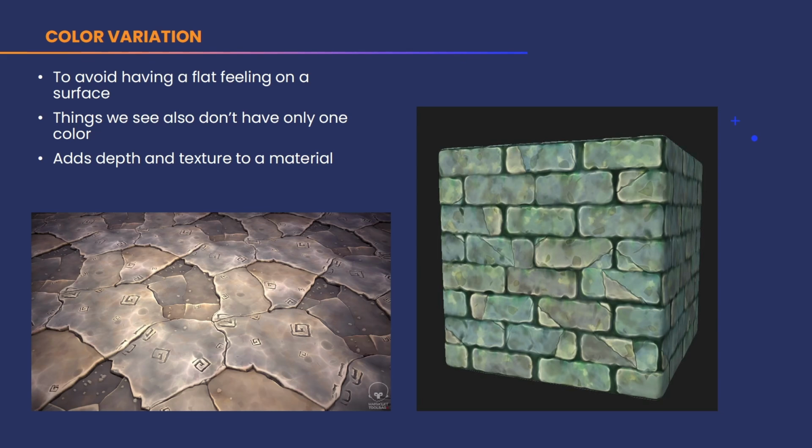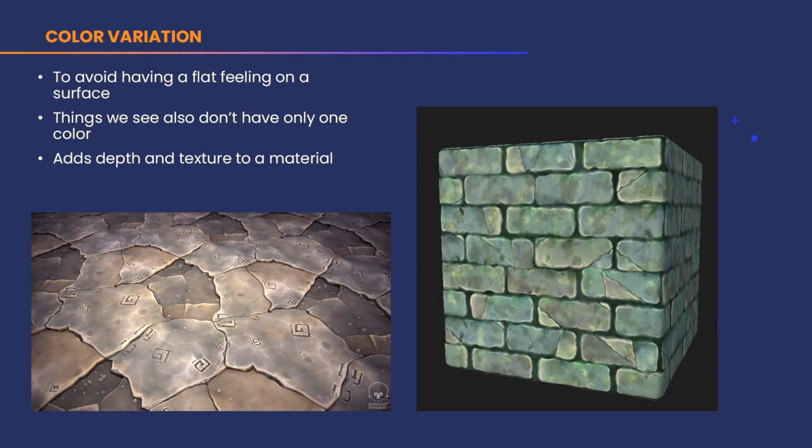Because I believe that everything in stylized still starts from realism, and I think the more it recalls it, the better a stylized element it is. Even if a surface looks like it has a flat color, it's probably not in real life. Surfaces don't have just one color.